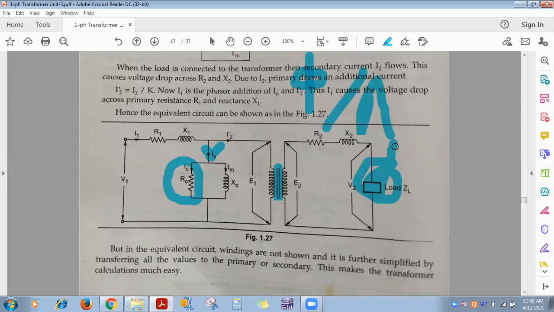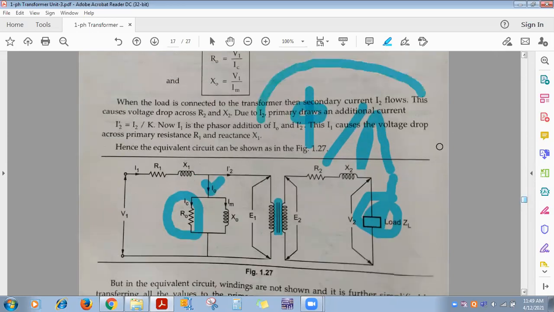In hysteresis loss, volume is there, and in eddy current loss, the thickness of plates is there. Remember those formulas. If flux per unit area remains constant, flux density in the core remains constant, so core loss is constant. This we have seen. That is why core loss, iron loss, is constant.